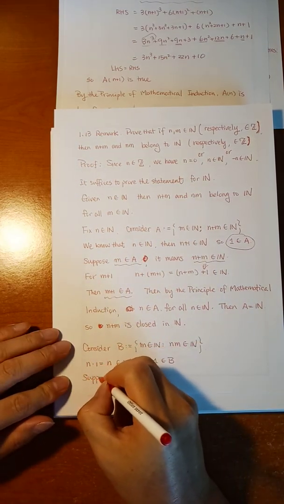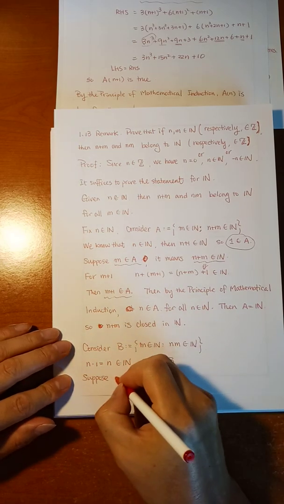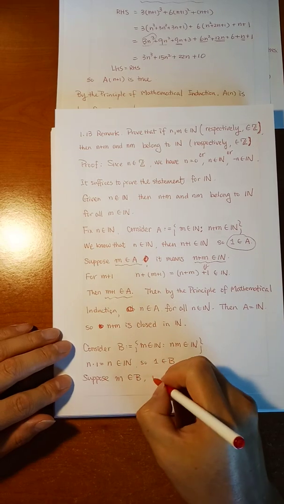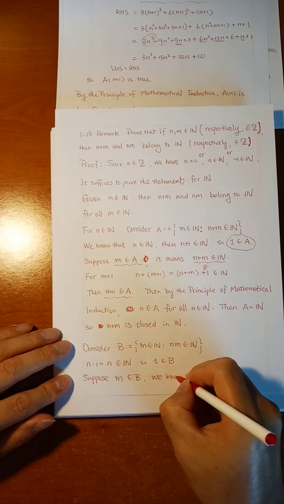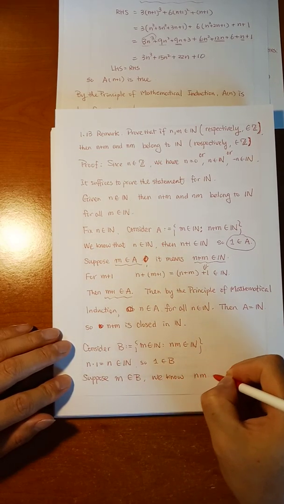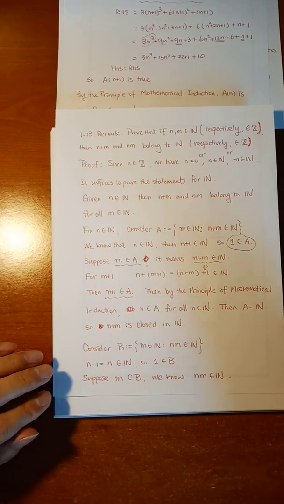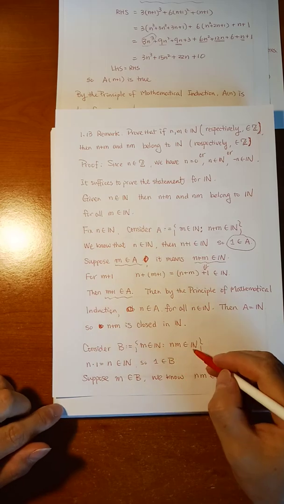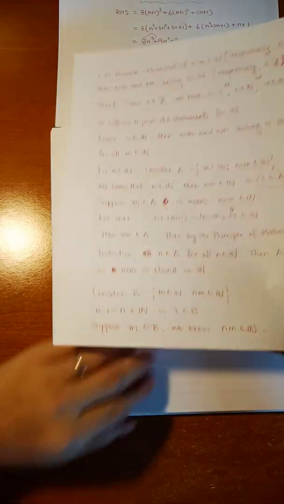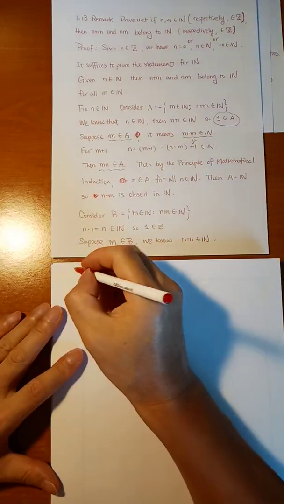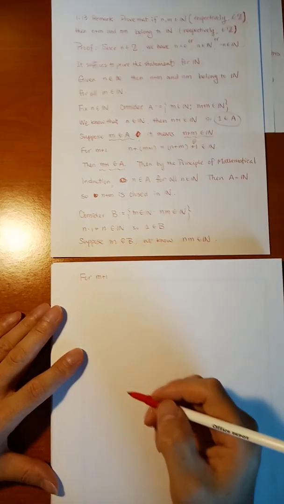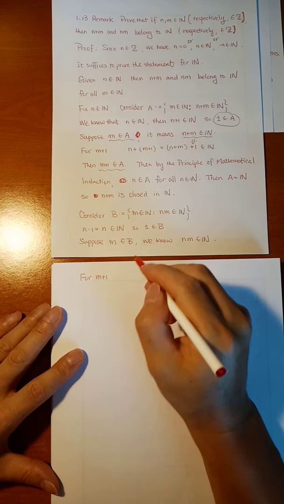Suppose m belongs to B. We know n times m belongs to the set of natural numbers. Then for m plus 1, we want to know if it belongs to B or not.